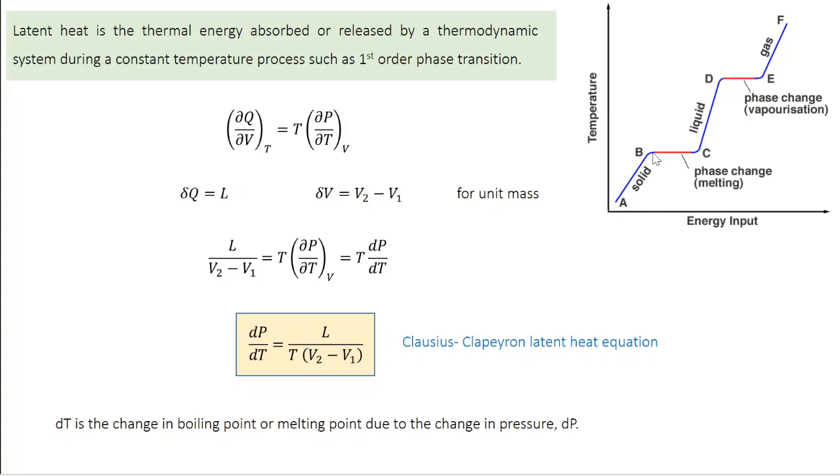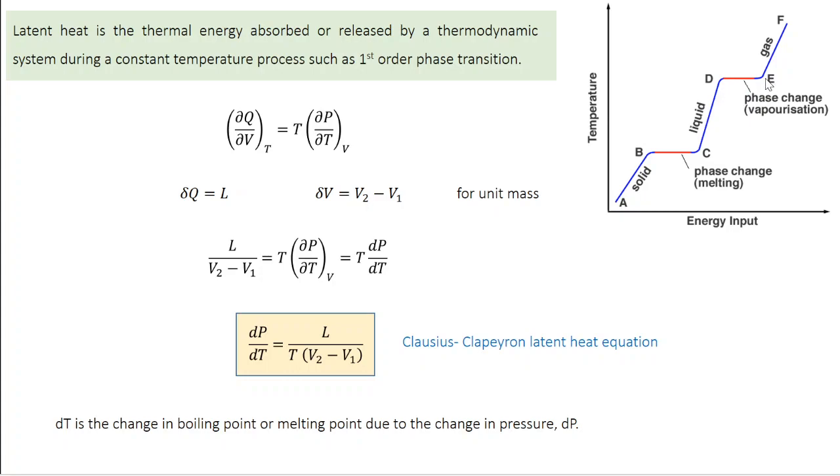Once the entire ice gets converted into water, now the temperature starts increasing as you supply heat. When it reaches the boiling point, 100 degrees Celsius, once again, when you provide heat energy for some time, the temperature doesn't increase. So basically, the water gets converted into steam at the same temperature. Temperature of water and temperature of the steam, both are same.